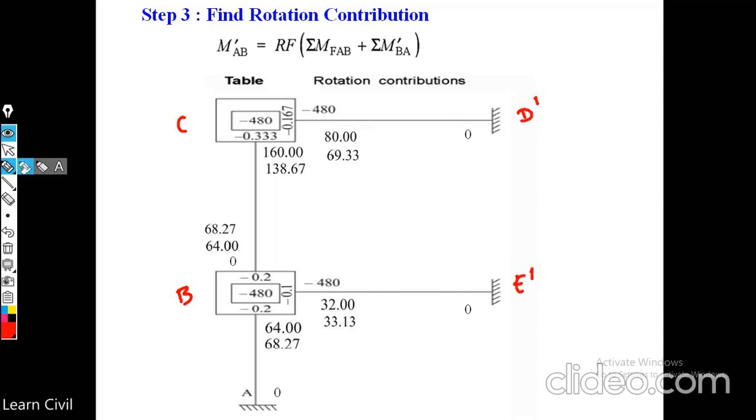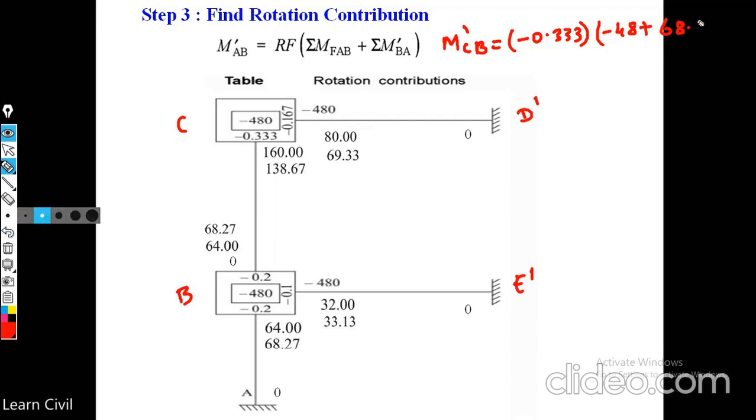We'll be starting with cycle number 3 at joint C. So rotation contribution for member CB, that is M dash CB, is equal to rotation factor for member CB, that is minus 0.333, multiplied by summation of fixed end moment at joint C, that is minus 480, plus rotation contribution at far end, that is 68.27, plus here we have 0.